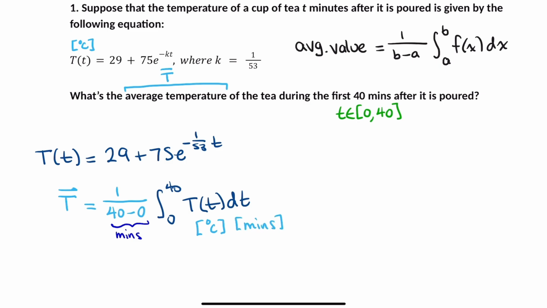And so off to the side for a second, this is 1 over time, which is 1 over minutes. And we're multiplying it by the integral, which involves degrees Celsius and minutes.